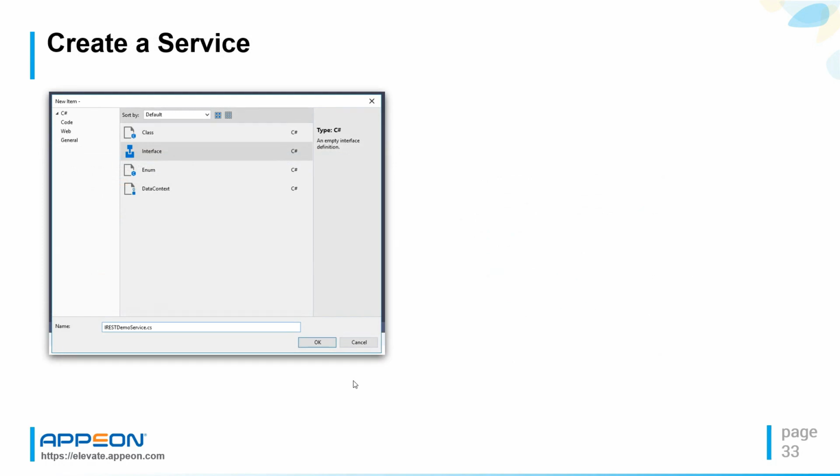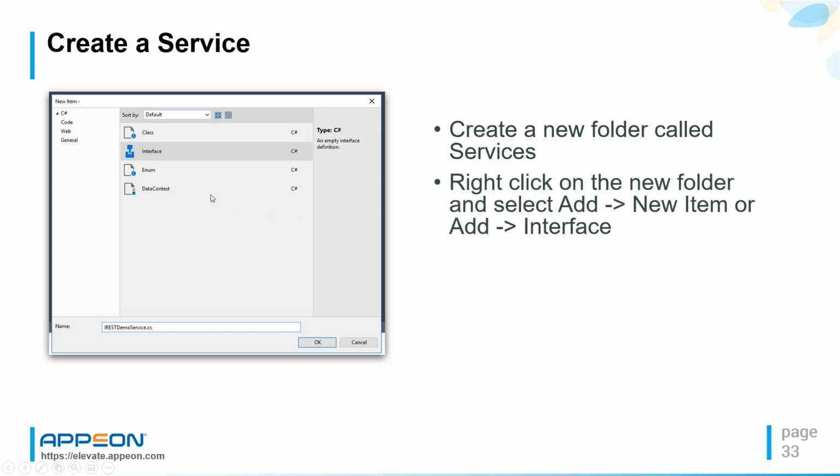What we need to do now is create our service interface and then the actual implementing class. So I'm going to create my services folder. I'm going to right click on that, say add new item, and then select interface.